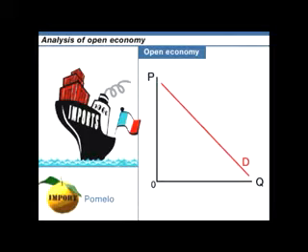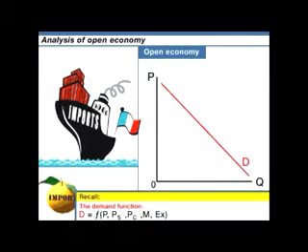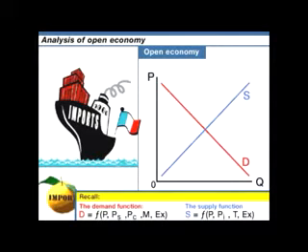On this curve, we're representing the demand of people in France for pomelos. At each price, there is a quantity that the people in France will want to buy of the pomelo, given their income, the price of substitutes, the price of complements, expectations, and all of those other factors that influence demand. Let's look now at the supply curve. This is the supply curve for pomelos in France. That is, the domestic supply curve.